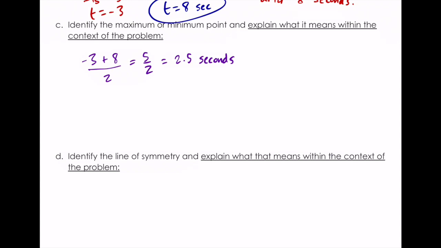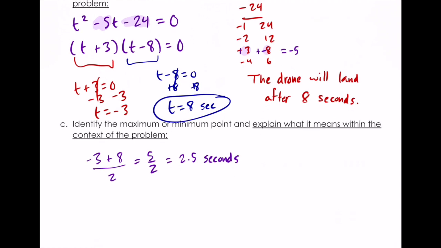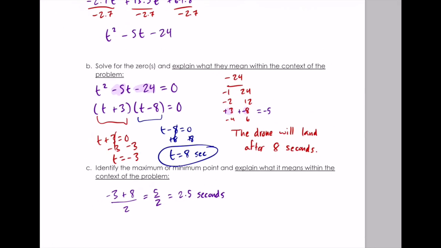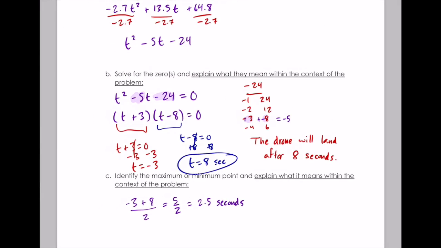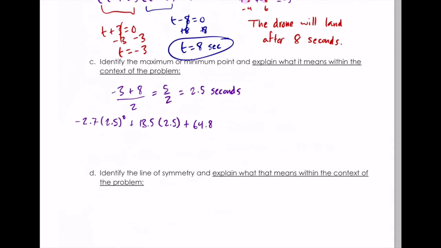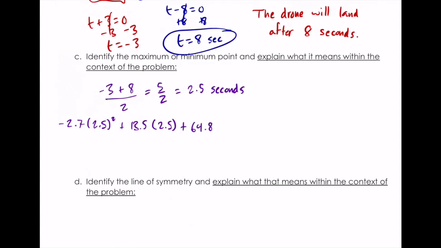In order to find out what that highest point actually is, we're going to have to plug 2.5 back into the equation. So let's remind ourselves of our equation. We're going to have negative 2.7 times 2.5 squared plus 13.5 times 2.5 and then plus 64.8. All right, now we can just type this into our calculator.